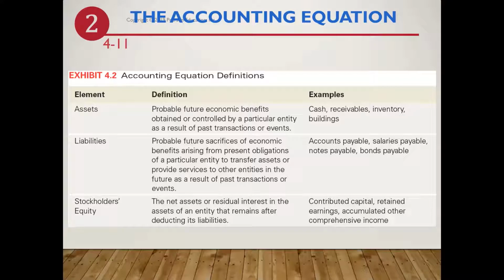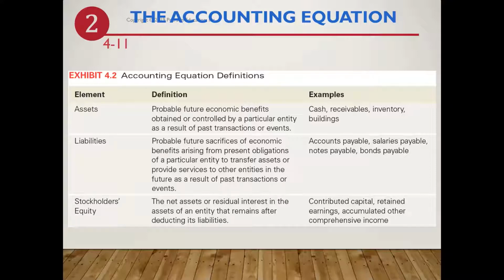Liabilities are probable future sacrifices of economic benefits arising from present obligations of a particular entity to transfer assets or provide services to other entities in the future as a result of past transactions or events. Some examples are accounts payable, salary payable, notes payable, and bonds payable.